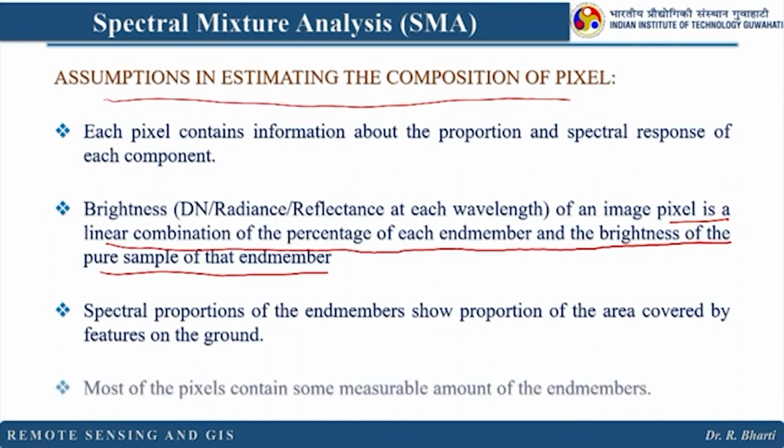These are a few assumptions we make while estimating the composition of the pixel. Most pixels contain some measurable amount of end members. Again, these are assumptions; we assume it is there, but it may not be. It depends on what assumption you make, what kind of data you have got, and whether they are actually supporting each other or not.